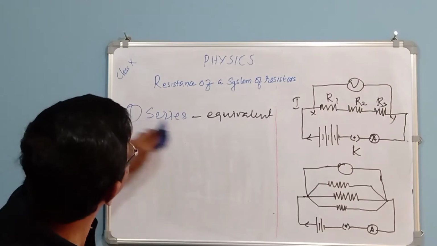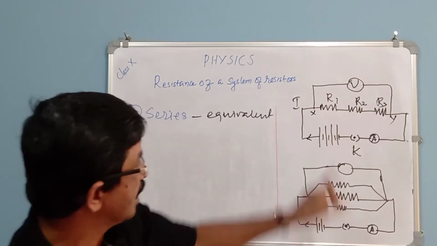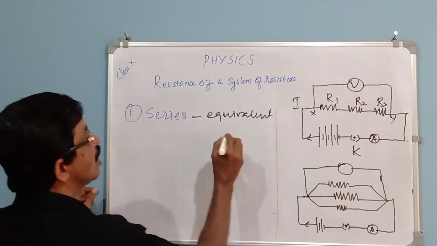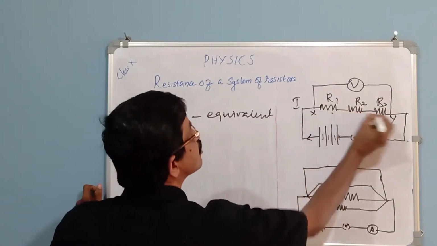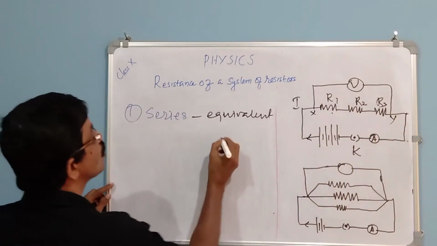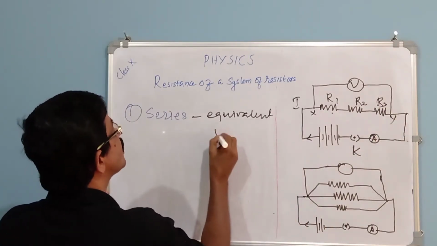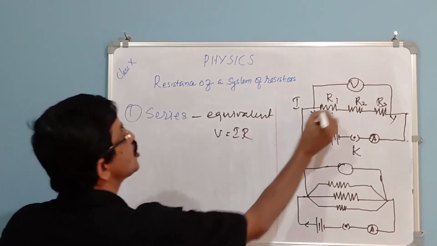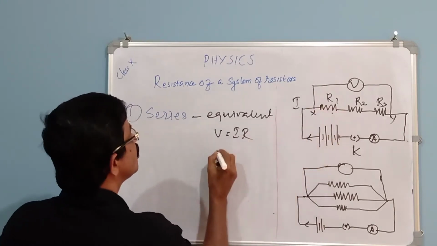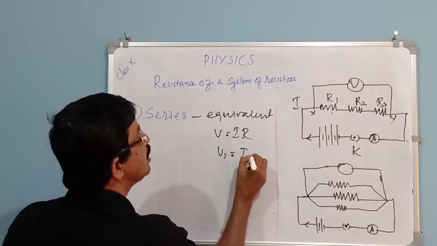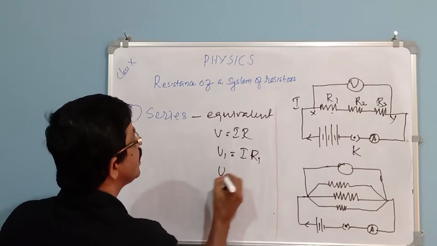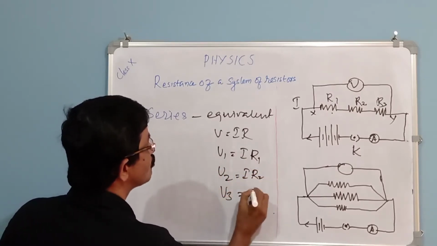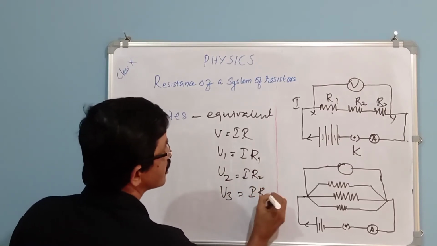Let V be the potential across X and Y. The current through resistors R1, R2 and R3 is I. By Ohm's law, V is equal to IR. Similarly, the potential across R1 is V1 equal to IR1, V2 is equal to IR2 and V3 is equal to IR3.